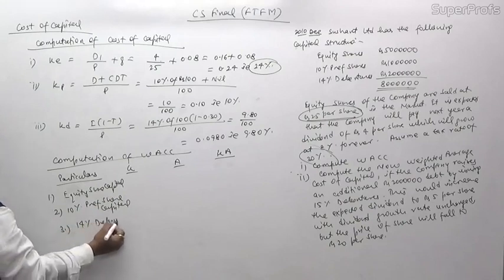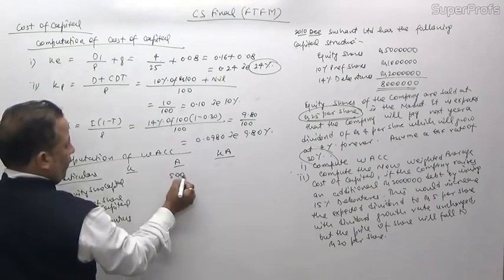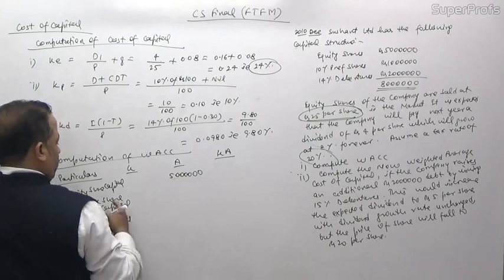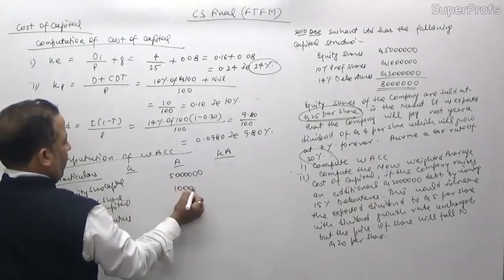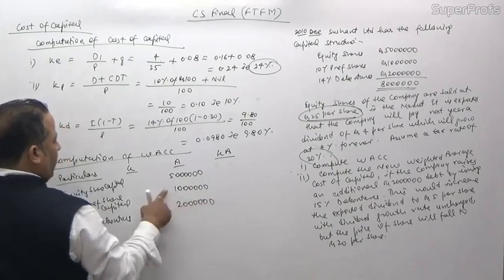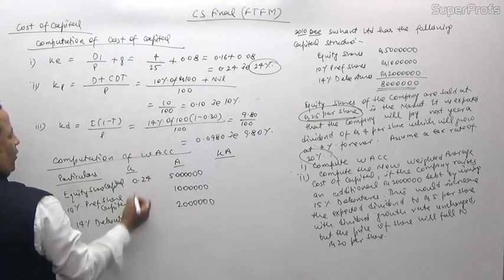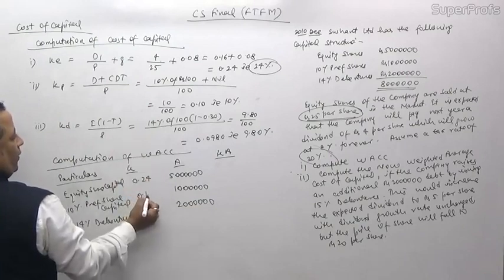And the computation of weighted average cost of capital. The amount of equity share capital is rupees 50 lakh. The amount of preference share is rupees 10 lakh. 14% debentures, 20 lakh. The cost of equity amounts to 24%. The cost of preference shares is 10%.